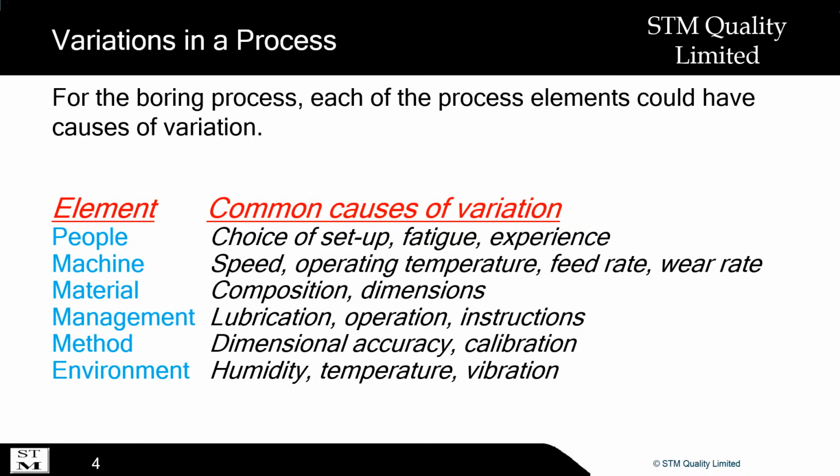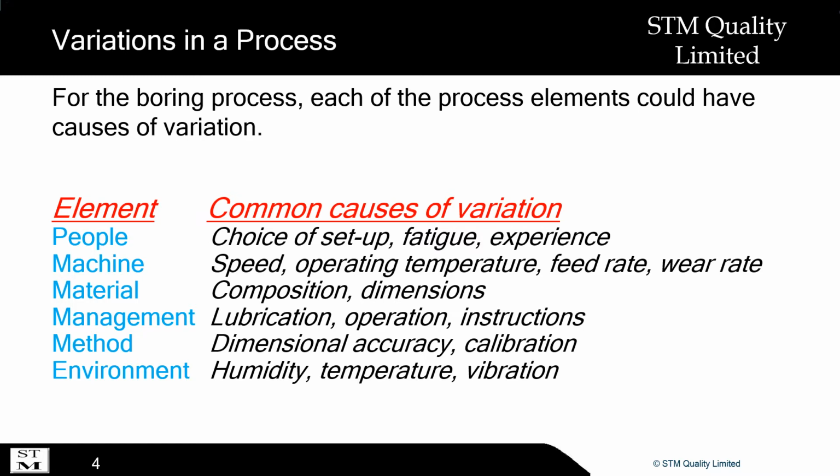Variations in a process. For the boring process, each of the process elements could have causes of variation. And here we can see the elements that we saw in the process and common causes of variation. So with people, there's a choice of setup, fatigue, experience.